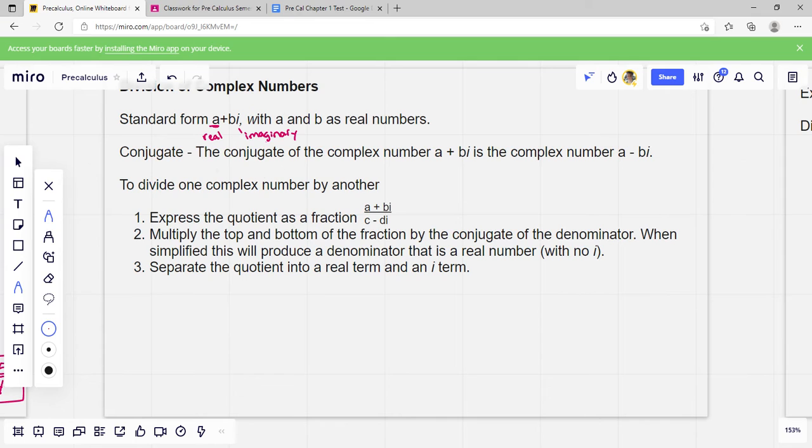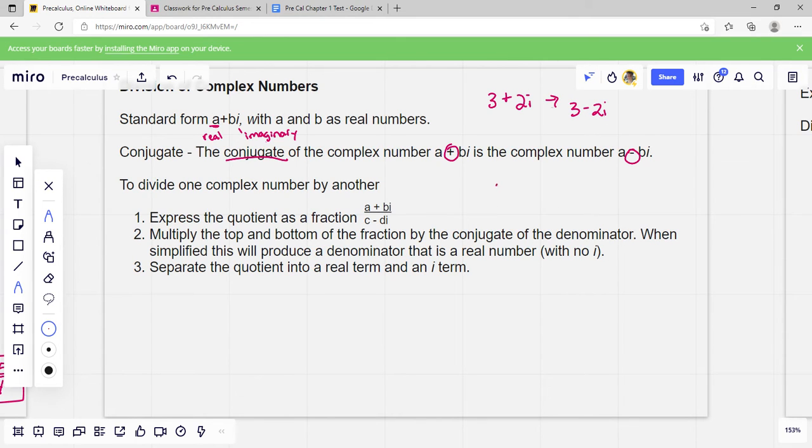All right, we also need to know what a conjugate is. A conjugate of the complex number a plus bi is the complex number a minus bi. So all we're doing is changing the sign in the middle to make the conjugate. So if we had 3 plus 2i, its conjugate is going to be 3 minus 2i, right?